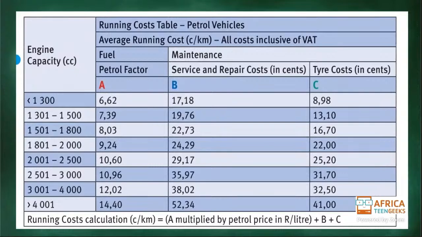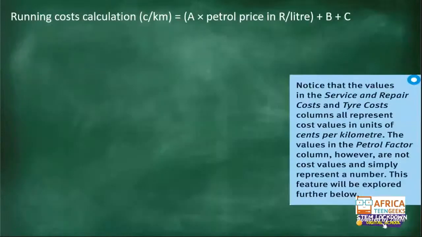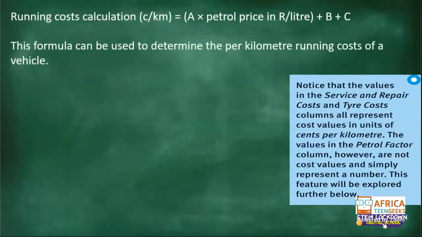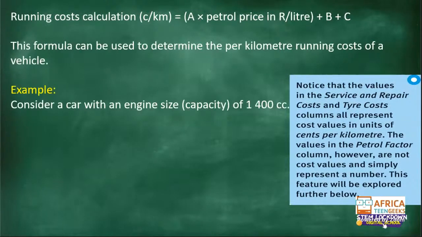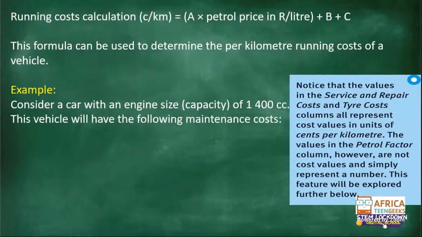So that will be 17.18 for B, and then of course 8.98 in tire cost, and then 6.62. So we are just going to use this to find how much the vehicle will cost per kilometer. So remember, those are in cents, not in rands.